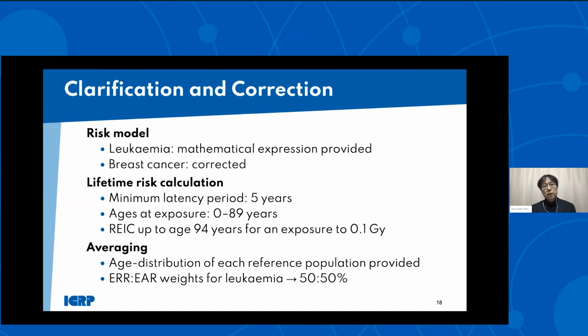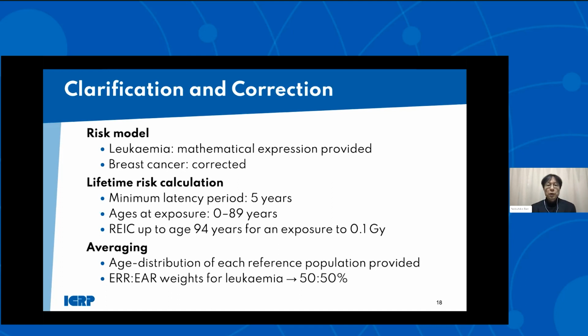For lifetime risk calculation, the minimum latency period, ages at exposure, and the integral period, so the accumulation period of lifetime risk, were not clear in Publication 103. We clarified them.